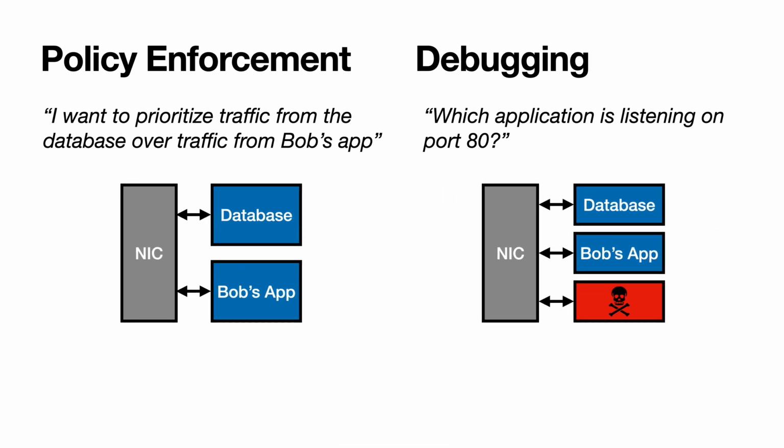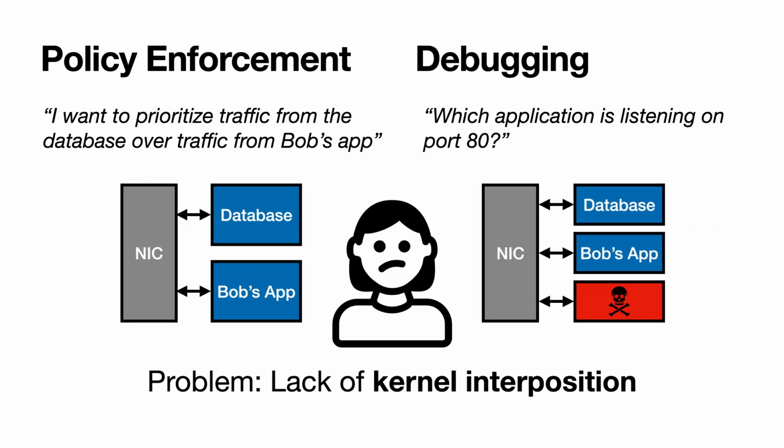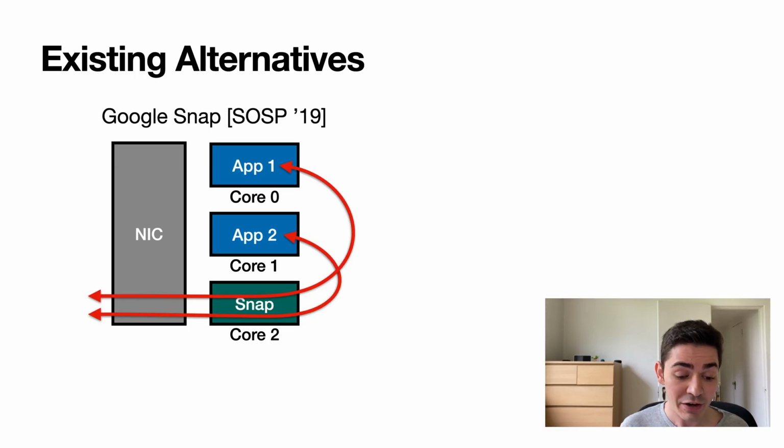Now, if we move to a kernel bypass strategy, we no longer have kernel interposition, and it's no longer possible to enforce these policies or have centralized debugging capabilities. And there are existing alternatives that look at how to bring interposition back to kernel bypass. So for example, Google uses a system called Snap, which implements the network stack as a separate process running on a different core.